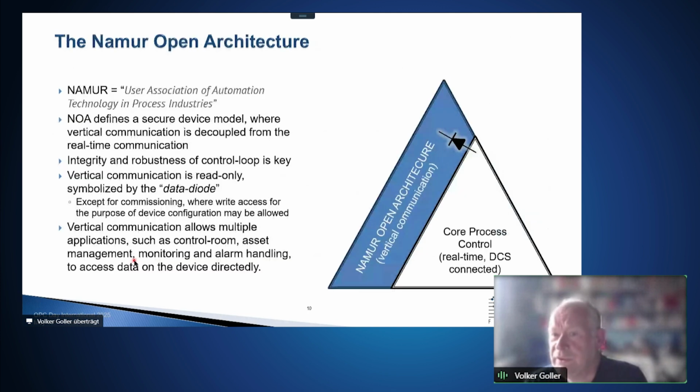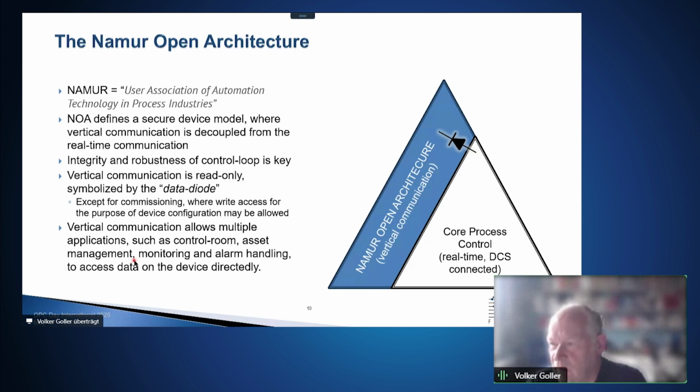Now I have to introduce you to another concept from the process industry, which is the Namur Open Architecture. So first of all, who's Namur? Yes, it's a city in Belgium, but also it is a user association of automation technology and process industries. And this organization is a leading organization in defining all kinds of specifications and requirements for the process industry.